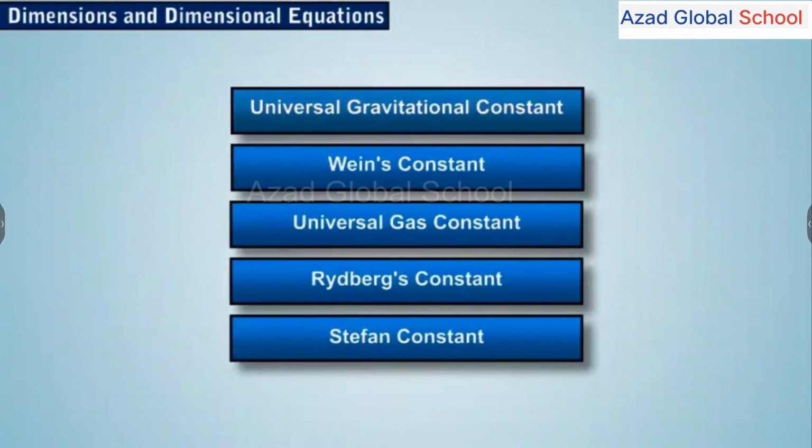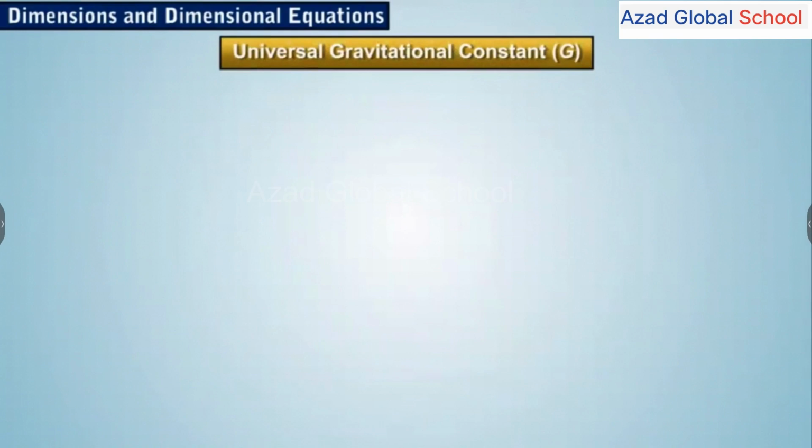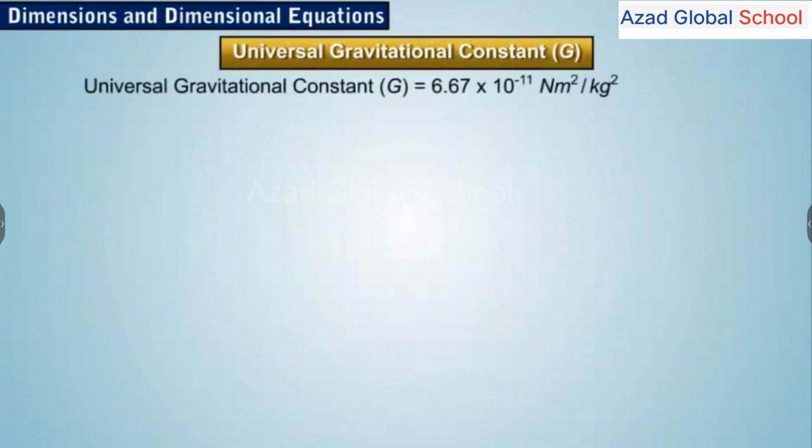We also have certain physical constants, each of which has a unit as well as a dimensional formula. For example, the universal gravitational constant G is a constant whose value is 6.67 into 10 power minus 11 Newton meter square per kg square and is denoted by the expression G is equal to force F into distance d square by mass m square.